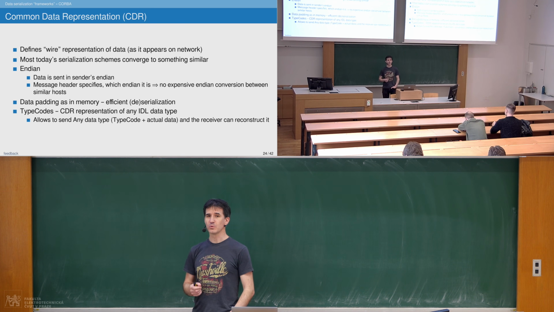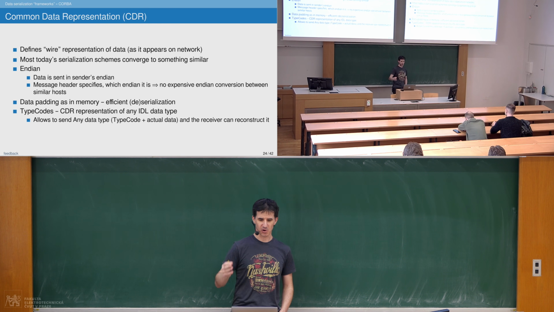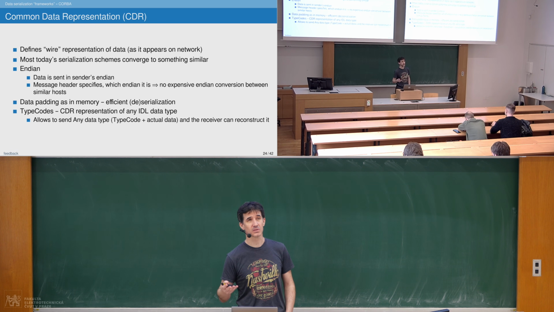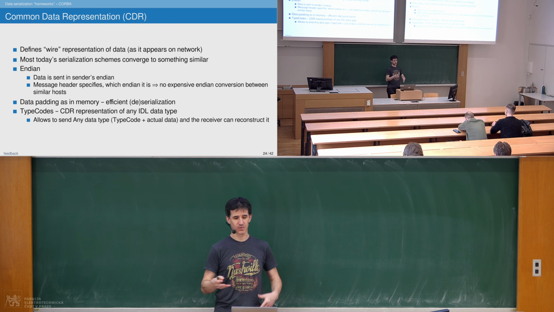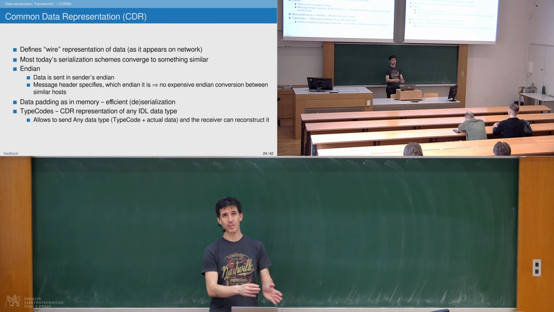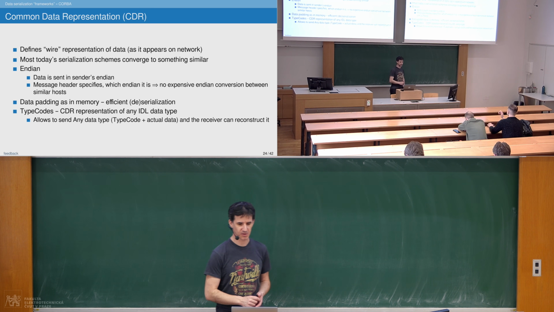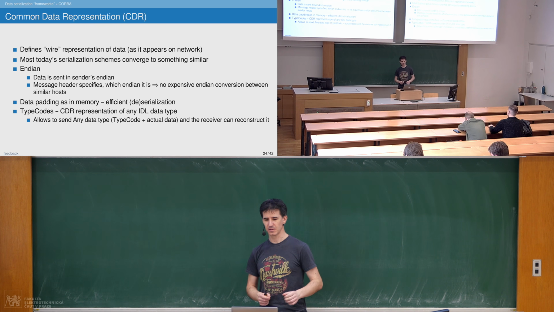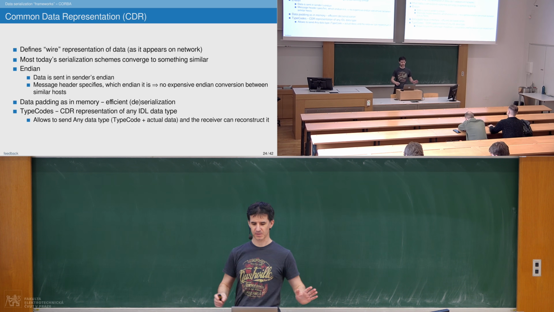By following those two rules, the serialization of data in Corba can often be implemented with just a memcpy, similarly to what we did before. We just need to prepend a header to every message, and we are done.